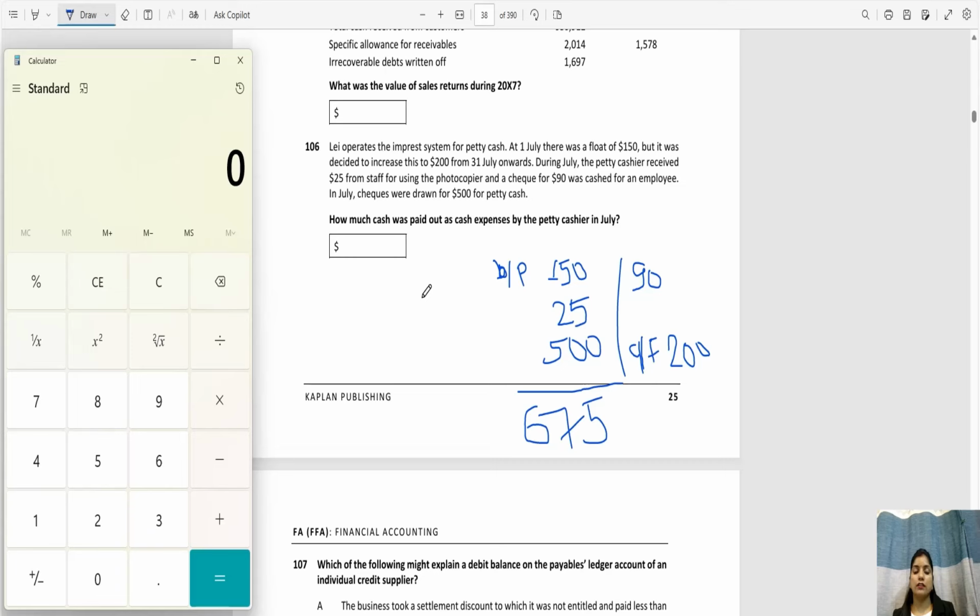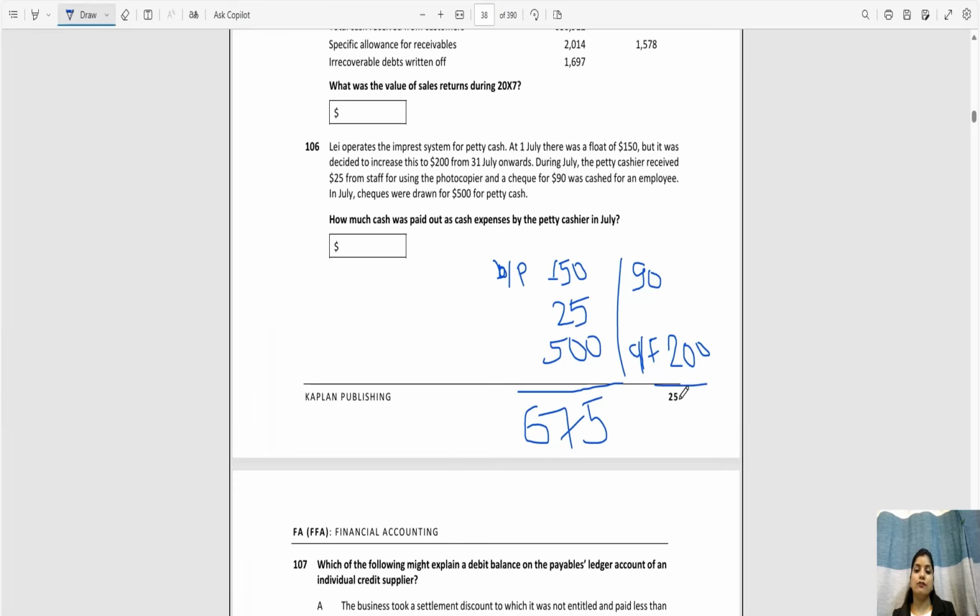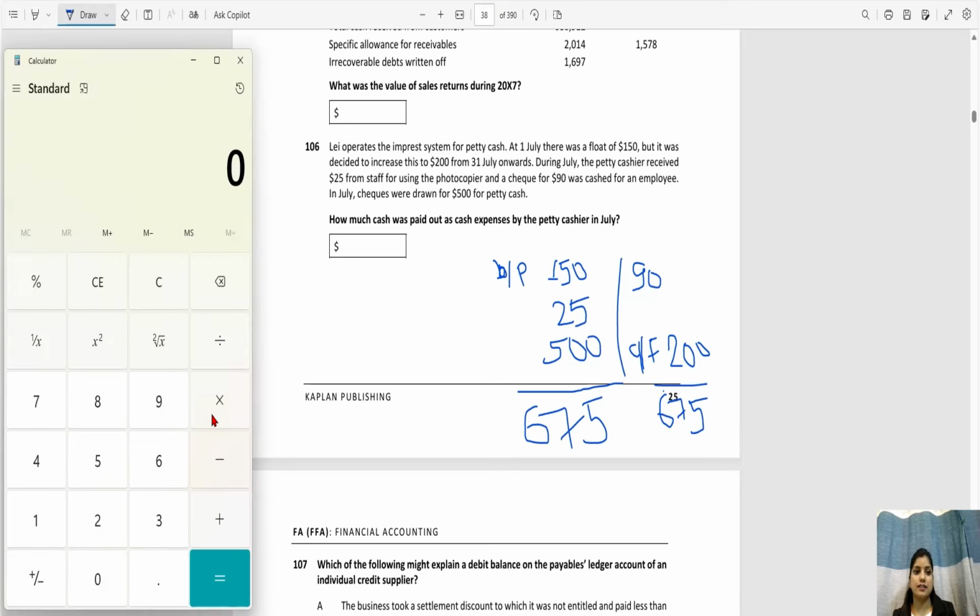One more thing: if we are paying for any expenses, it will reduce our balance and it will be recorded on the credit side. If we look at the credit side, the total amount is 290. But in the double entry system, the debit and credit sides must be equal. So how much difference is coming up on the credit side?